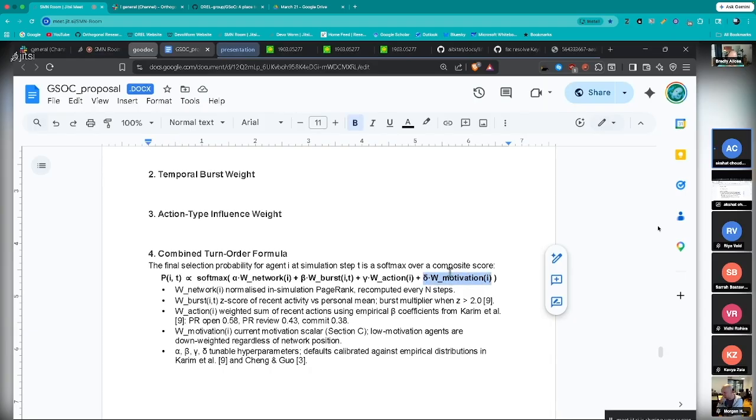So the motivation is again a central part to this project. Then we'll talk about the action weights we will use. That will be based on the roles. Now we will have to add some variance again to make it more realistic.